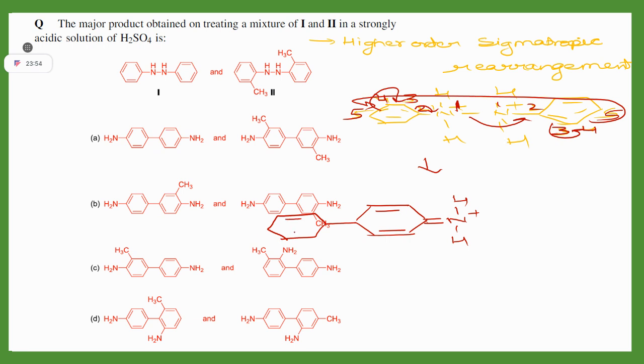Again it will form like this, and this time it is here. At last, hydrogen from both the sides will be eliminated. Negative charge will go there, and aromaticity will be back. Yes or no? So in total you will get this.